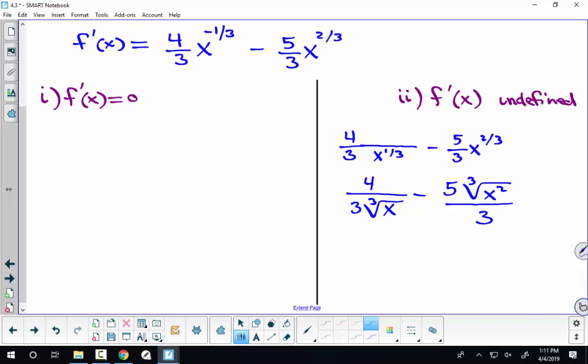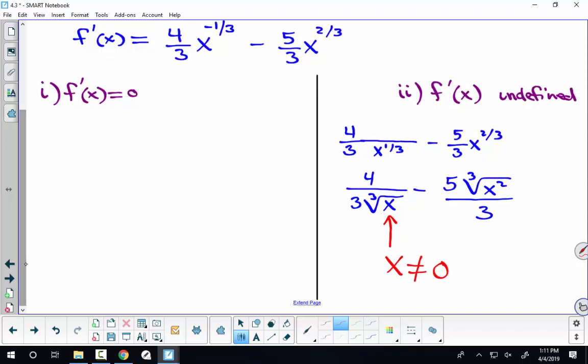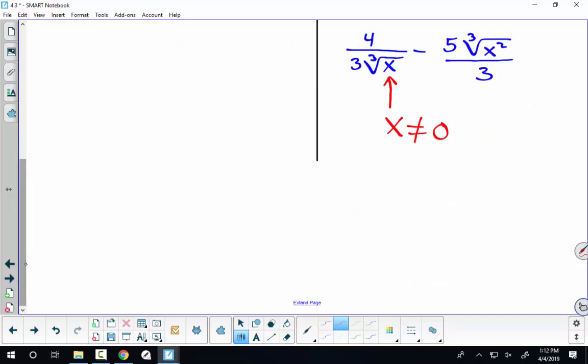Okay, so that's equivalently our first derivative. When it's written out like that, it's clear to see that x can't be 0 from this one right here. So we would say our first derivative is undefined at x equals 0.